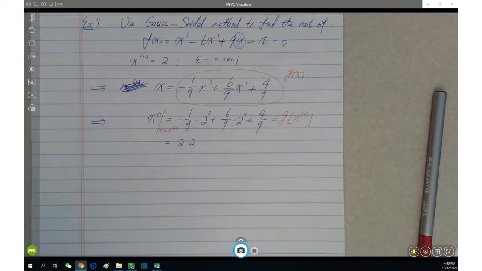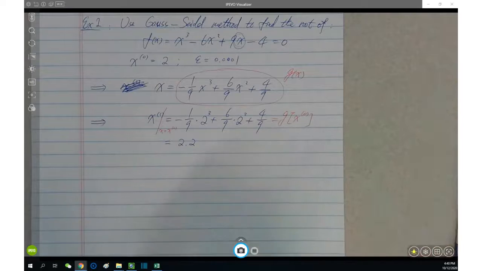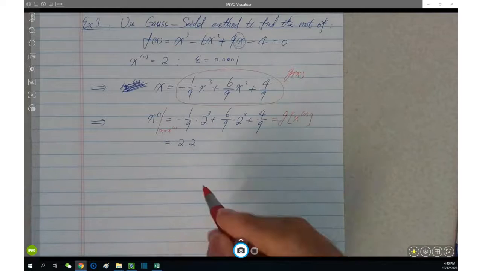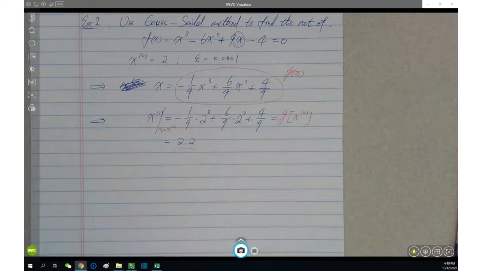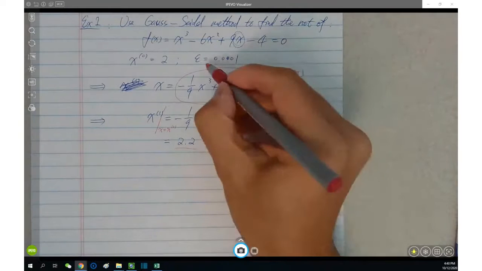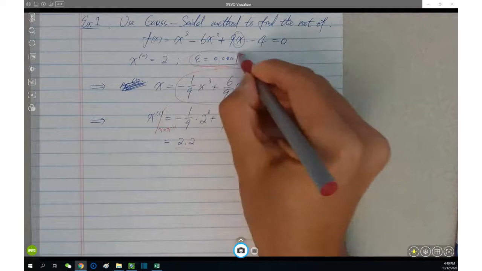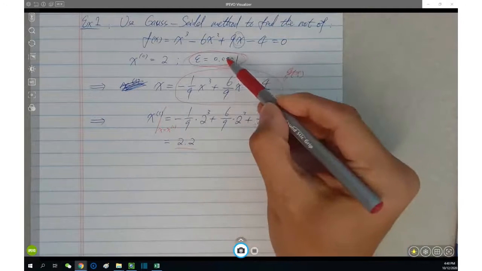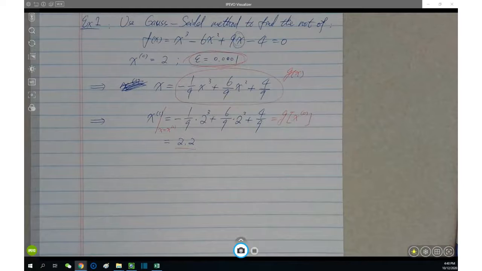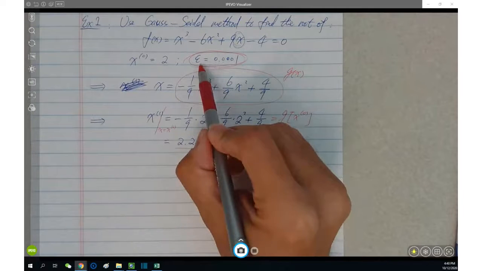Also, another thing is you need to be very, very careful. There's another reason why 2.2 as a result is not okay. Now listen carefully. Look at the accuracy. What do you see? 1, 2, 3, 4, 4 digits after the dot, right? Never forget, you're going to compare the difference between two iteration results with this accuracy value.